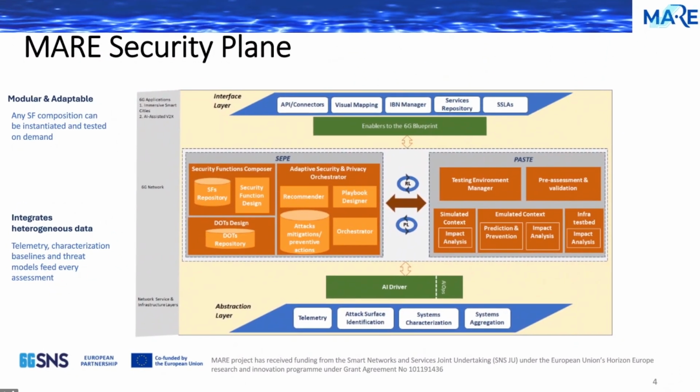The philosophy of PACE is that MARE as a solution should be modular and adaptable, in the sense that any security function composition can be instantiated and tested on demand.